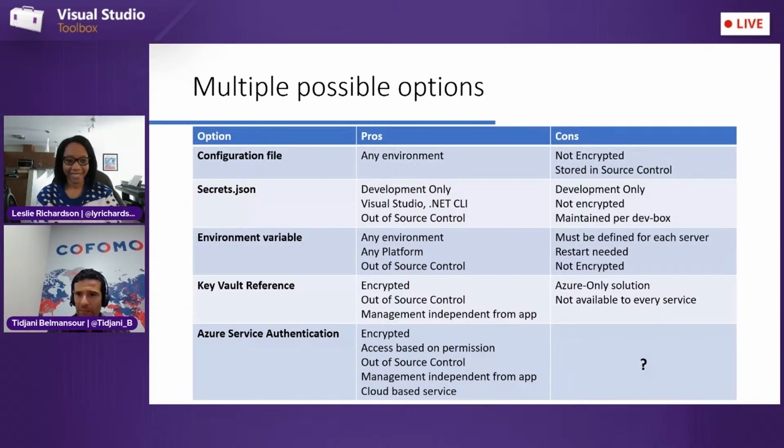However, you have to define this environment variable for each server. Imagine you deploy your application in a load balanced environment, with for example two or three servers which are load balanced. You have to define your environment variable on each of these servers.